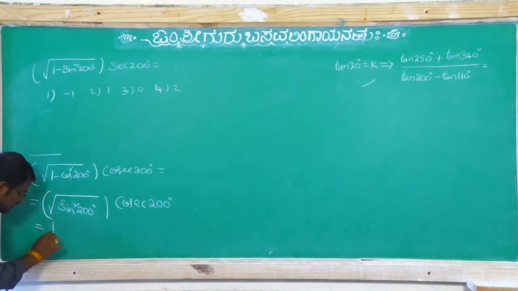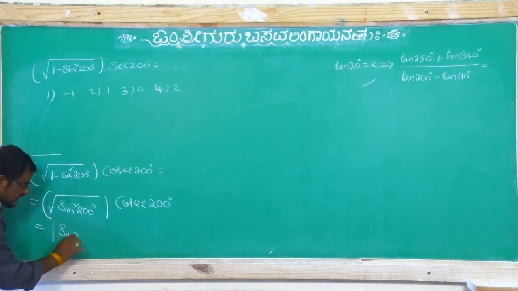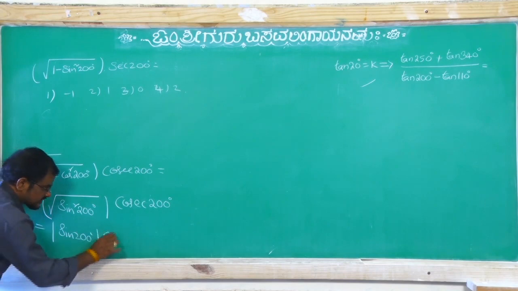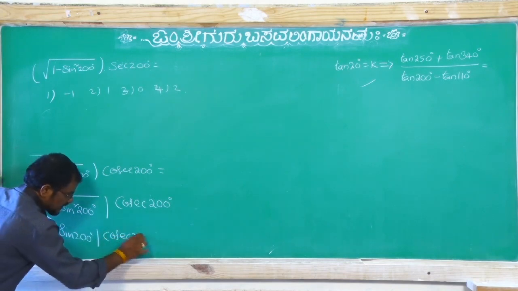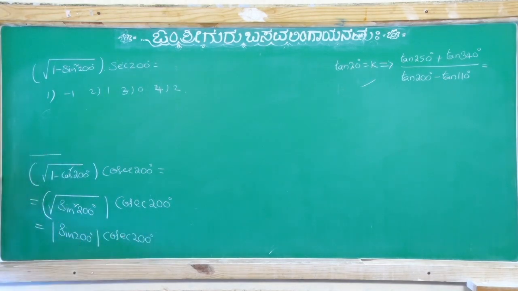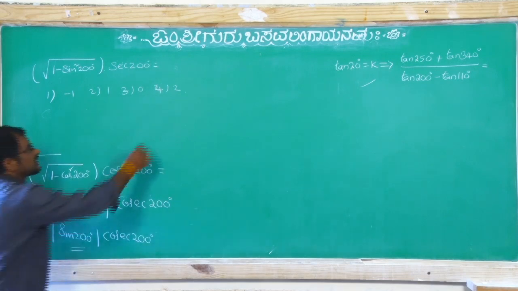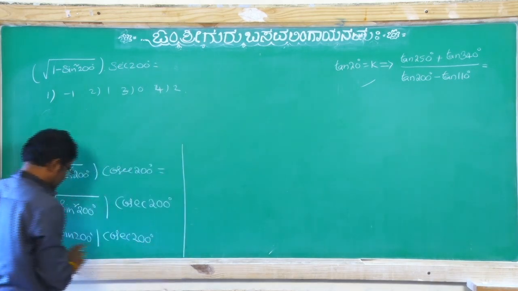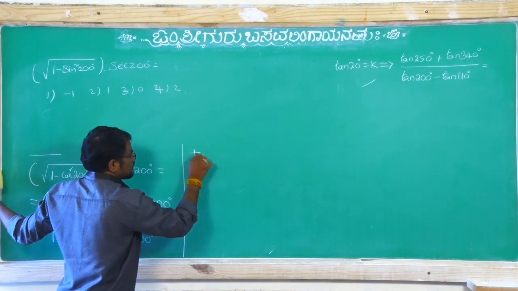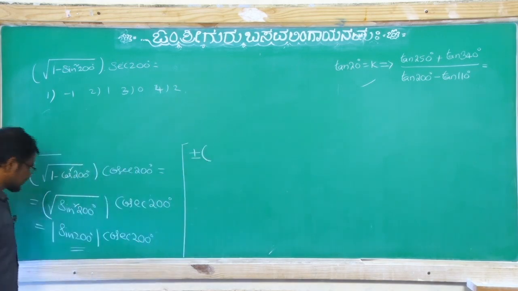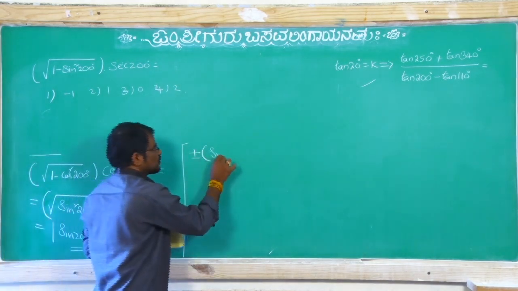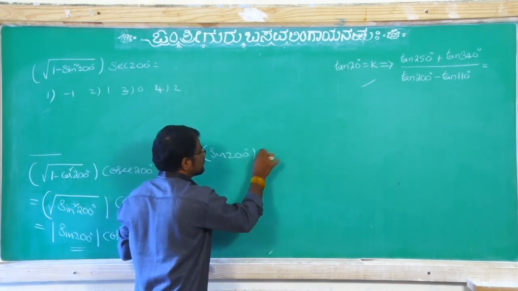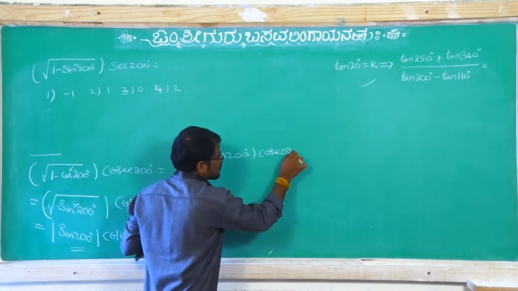Better you take modulus of sine 200 degrees times cosecant 200 degrees. Modulus is nothing but plus or minus sine 200 degrees into cosecant 200 degrees.